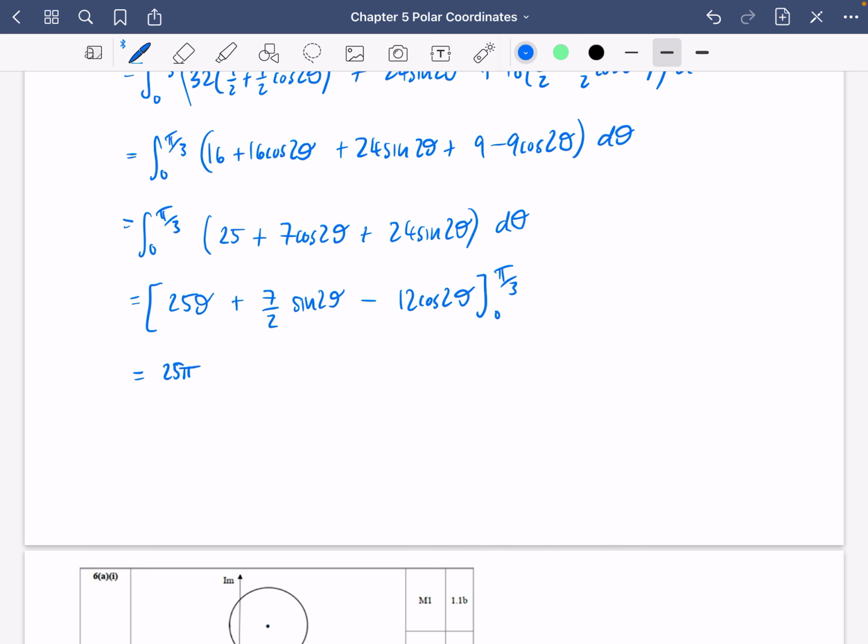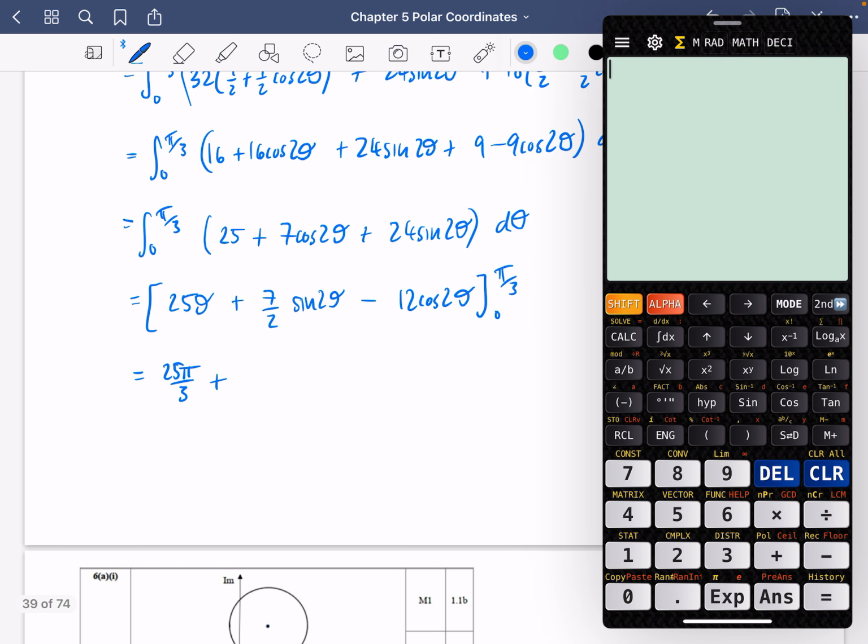So I'm going to get 25 pi over 3. And then I'm going to do 7 over 2 times sine of 2 pi over 3. I'm going to just do the sine of that, because sometimes I make a mistake with those. So it's root 3 over 2. So that's going to be 7 over 2 times root 3 over 2. And then I know that cos of 2 pi over 3 is minus a half.